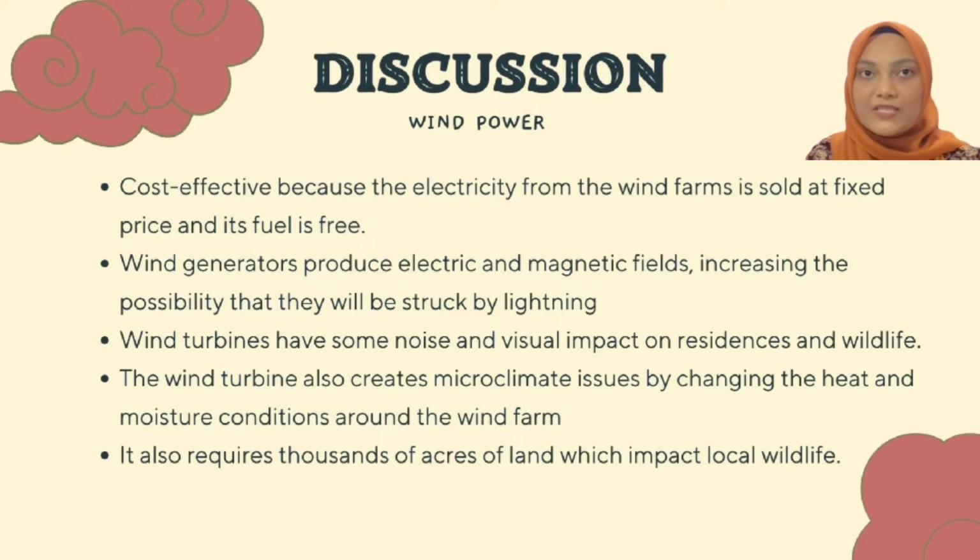Next, wind turbines have some noise and visual impact on residents and wildlife. The wind turbine also creates microclimate issues by changing the heat and moisture conditions around the wind farm. It also requires thousands of acres of land, which impacts local wildlife.